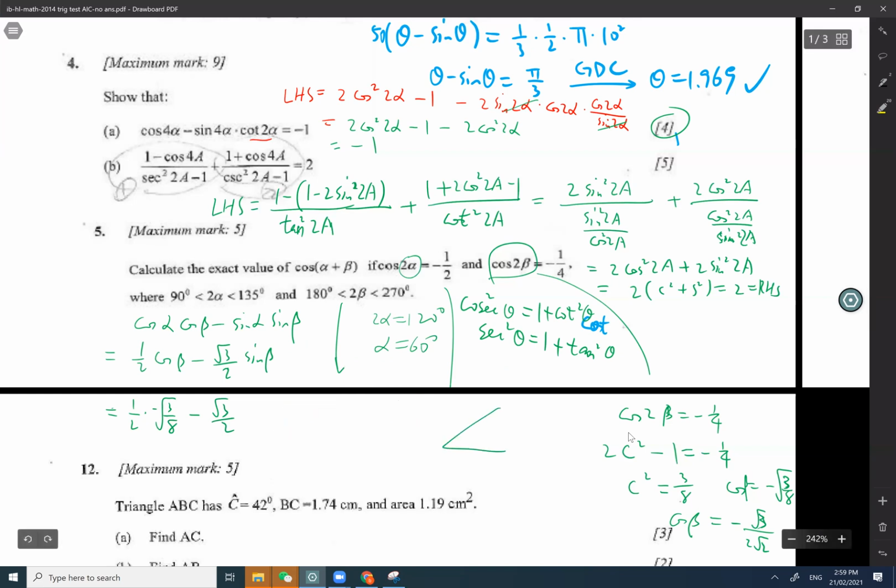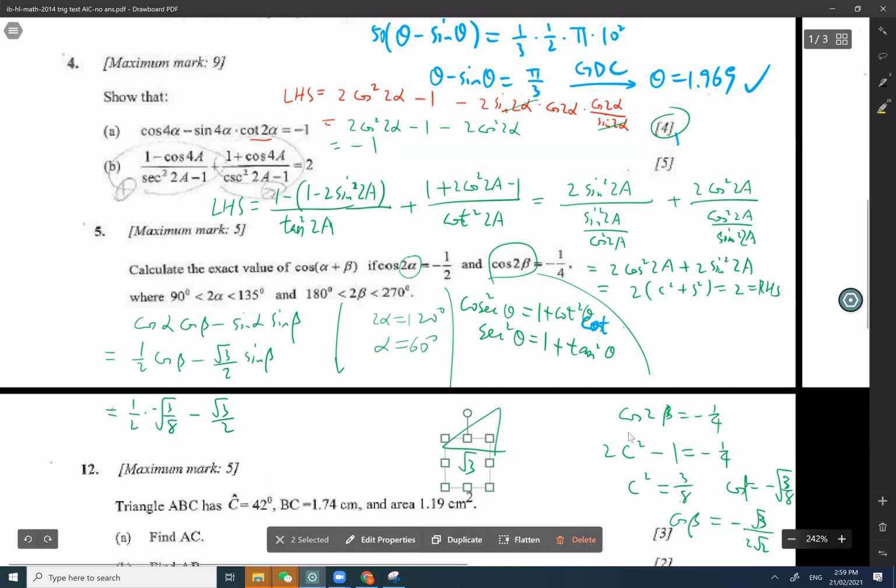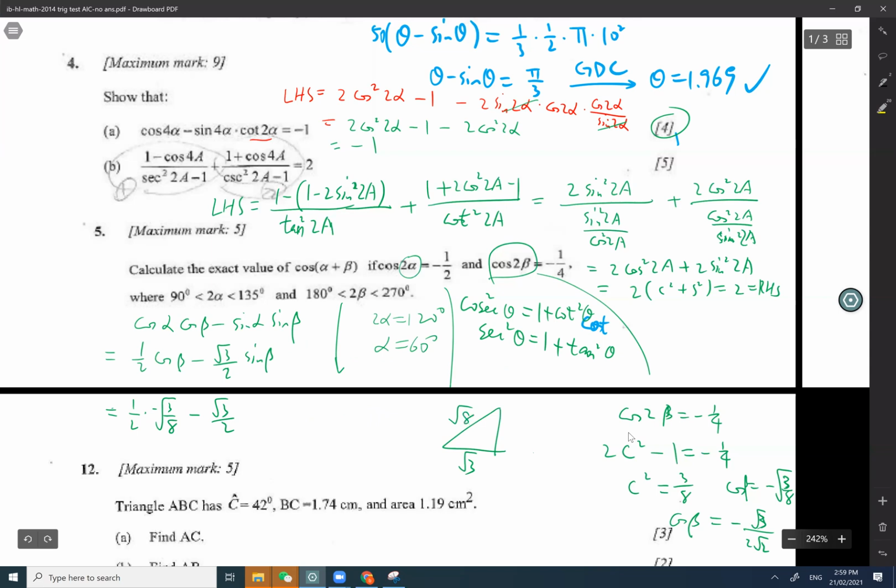This is root 3 over root 8. This is root 5, so sine is root 5 over root 8. So we got the answer. Negative root 3 minus root 15 over 2 root 8. Okay.